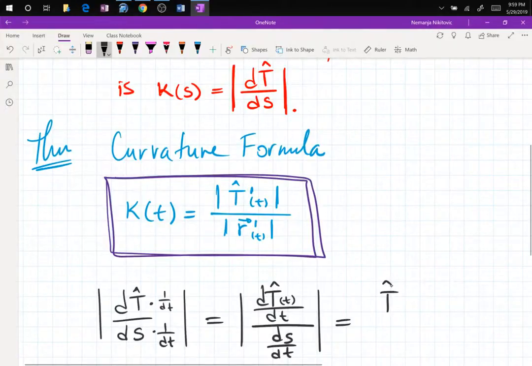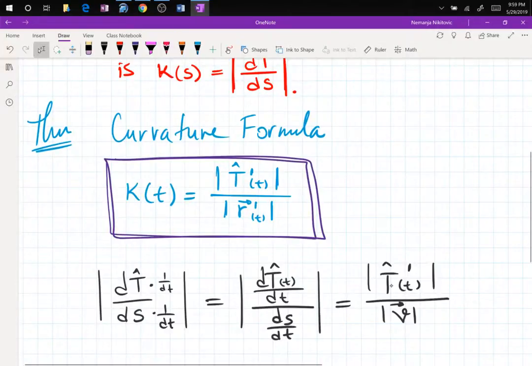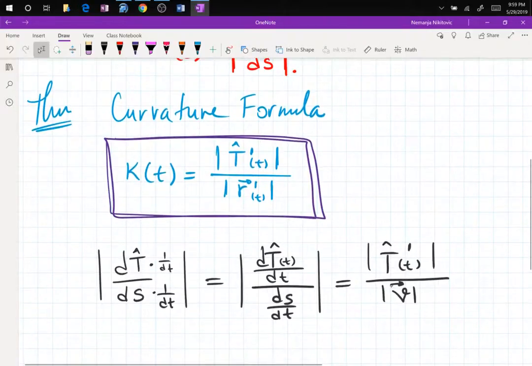So the top is the derivative of T hat divided by the velocity on the bottom, which is the magnitude of r prime. So that's how you derive it from the formula, from the red. To derive it from the red, you just multiply top and bottom by 1 over dt.